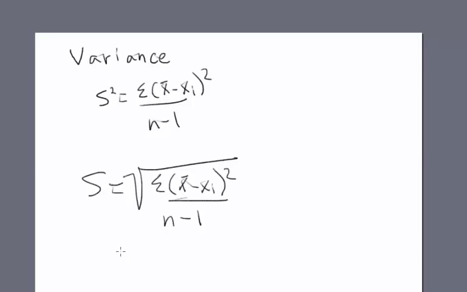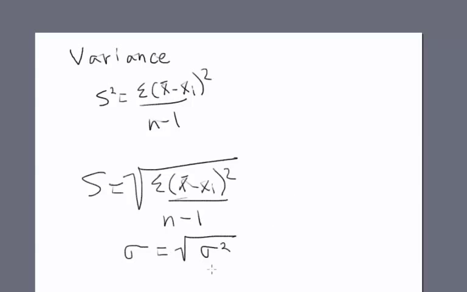So what I want you to remember is that standard deviation is simply the square root of variance. This is not phi squared. This is the symbol for variance, and this is the symbol for standard deviation.